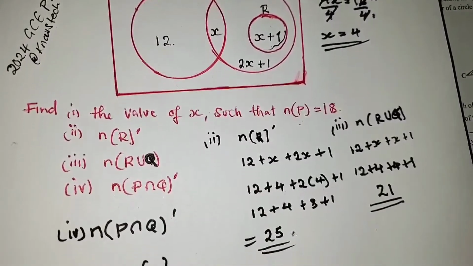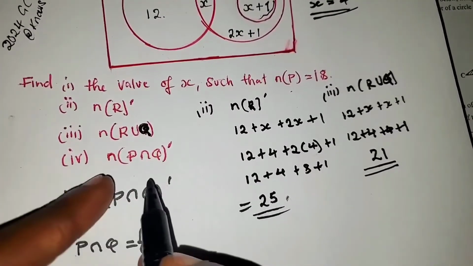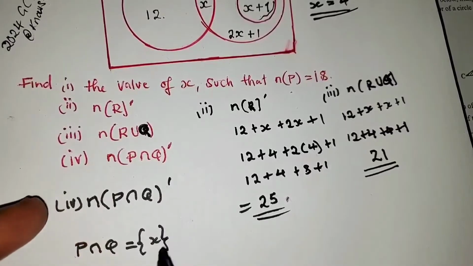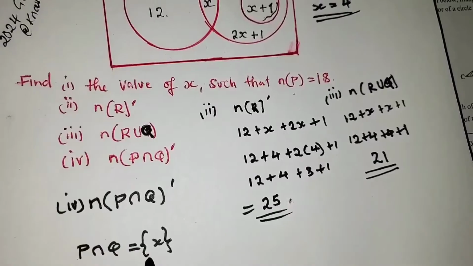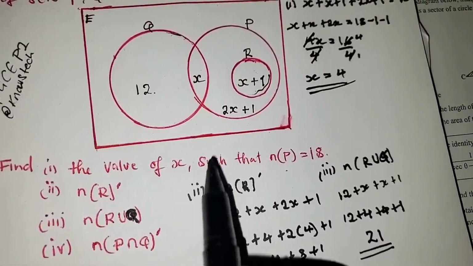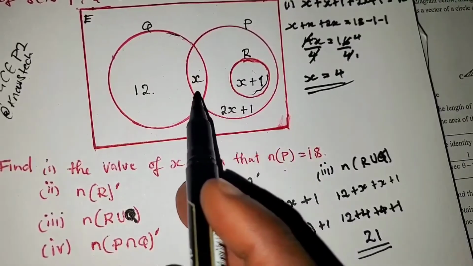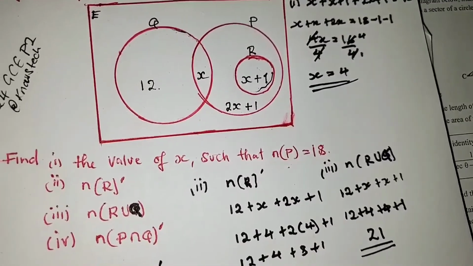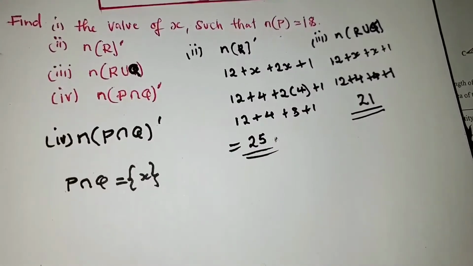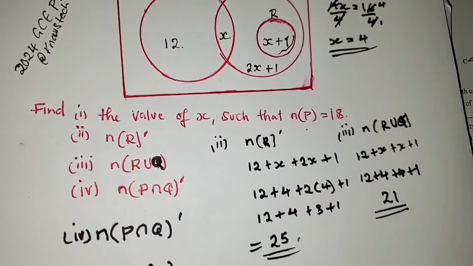When they mean P intersect Q, the whole of it in brackets, complement, it means excluding X. So we're not going to consider this X. We're going to add everything apart from the X there. So this is going to be 12.